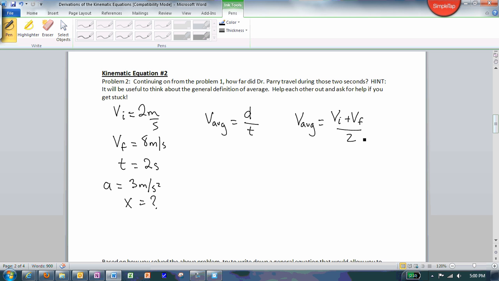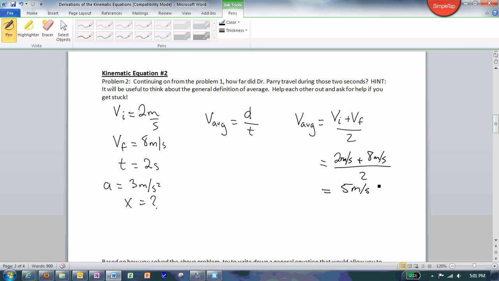So we can just take, in our particular case, that we know the initial velocity was 2 meters per second, and the final velocity was 8 meters per second, divide by 2, and we get that the average velocity was 5 meters per second. So his average velocity was a rate of 5 meters every second that passed.